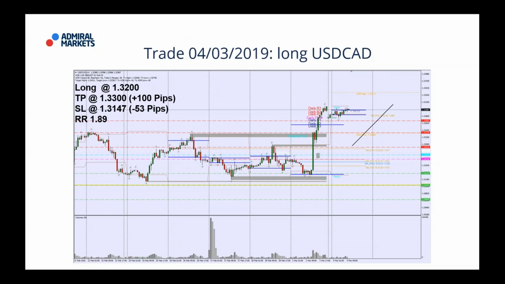I'm sure you all have your own entry signals. That's great. And then look for the 133 level to be tested again, and a stop loss roughly 50 pips below, giving us a decent risk-reward ratio of 1.89. All right, that should make sense. It's an easy conservative trade in trend direction. Fundamentally, sentiment, everything is in line.